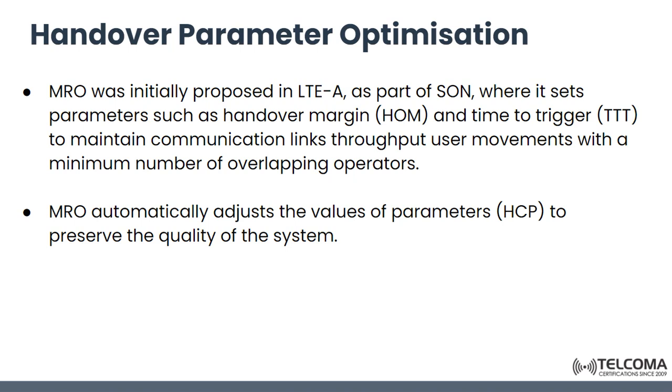In this, it sets various parameters. What are the parameters? Handover margin HOM and time to trigger TTT. These parameters are basically to maintain the communication links, throughput, and user movements with a minimum number of overlapping operators.